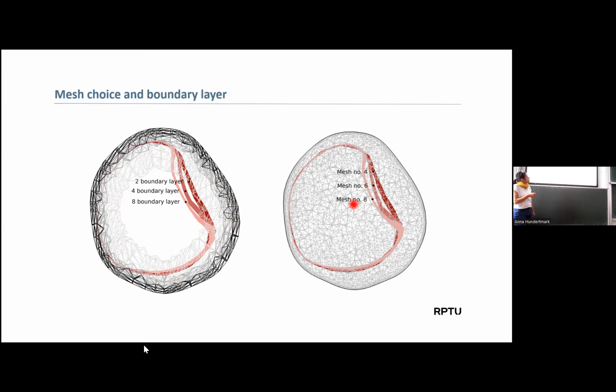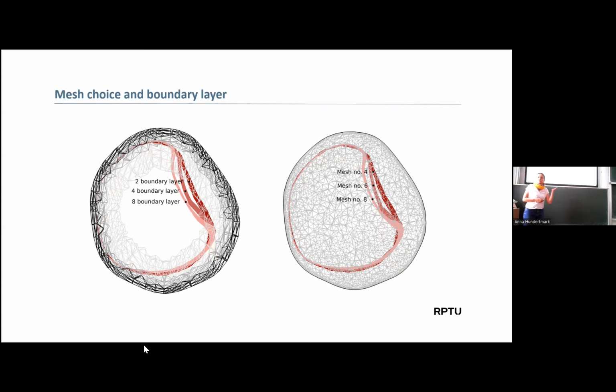The same behavior you can observe here, but with a different strategy. This is the isoline of 70% of the maximal velocity with meshes number 4, 6, and 8, like in the reference solution. You can see this isoline on the reference solution is the same as for the solution with 8 boundary layers.